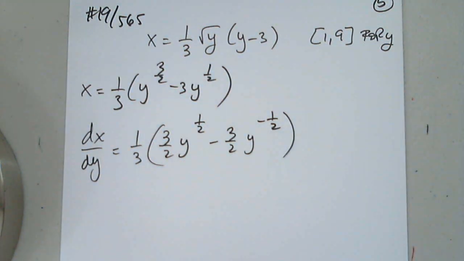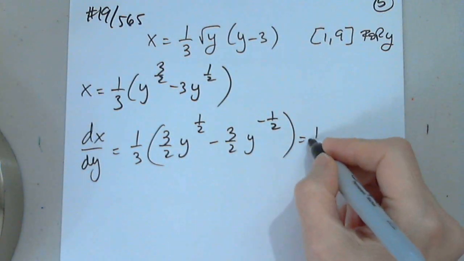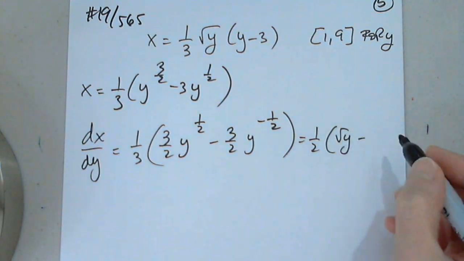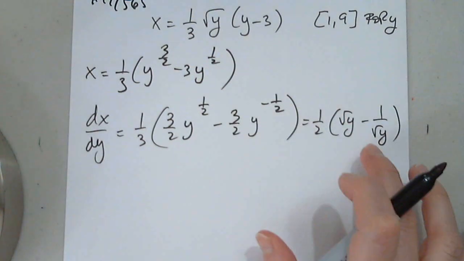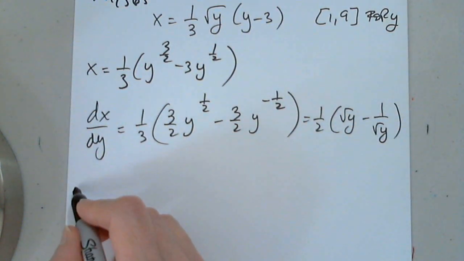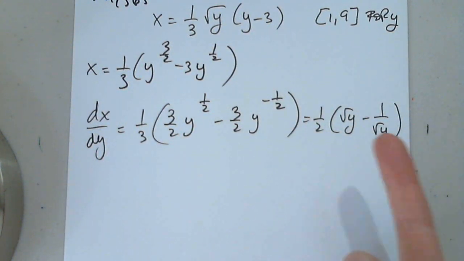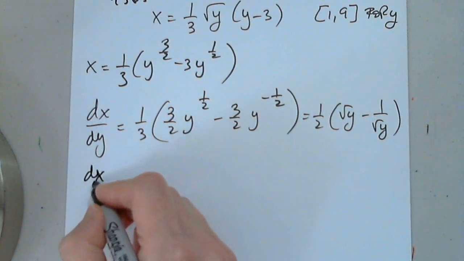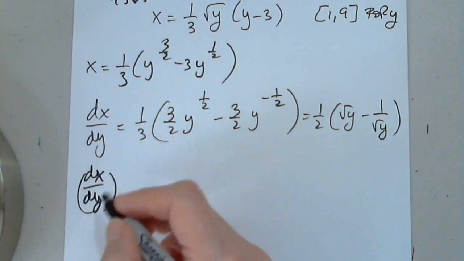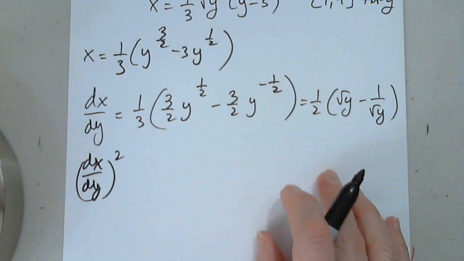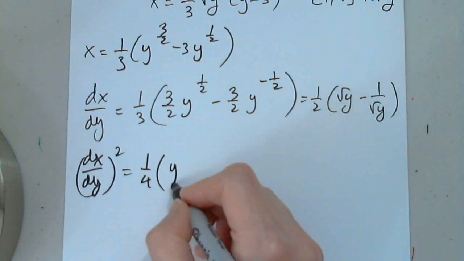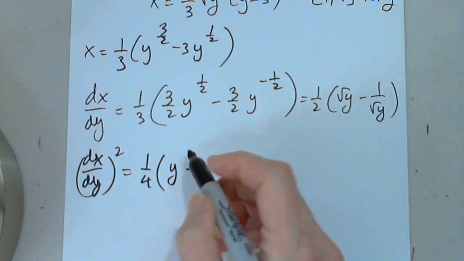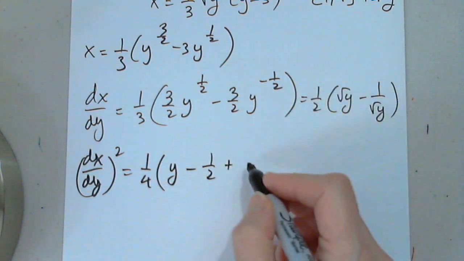I will factor out 3/2, of course, and I get 1/2 the square root of y minus 1 over the square root of y. I will square this and also determine, or later on add 1. So dx over dy, squared, and take the square root, of course. Squared will be 1/4. First term squared minus 2 times the first times the second, plus the second term squared.